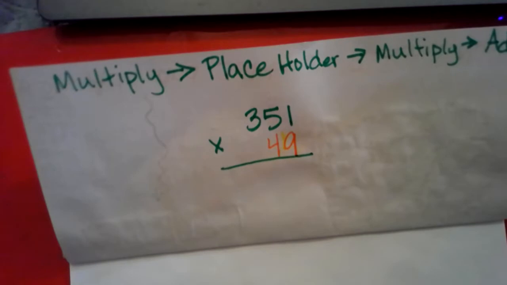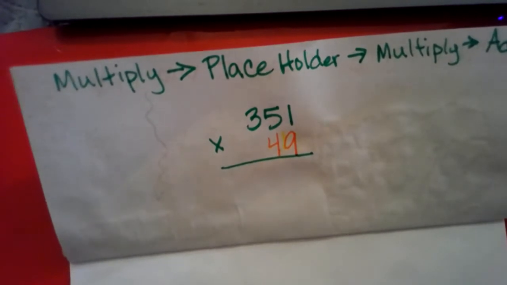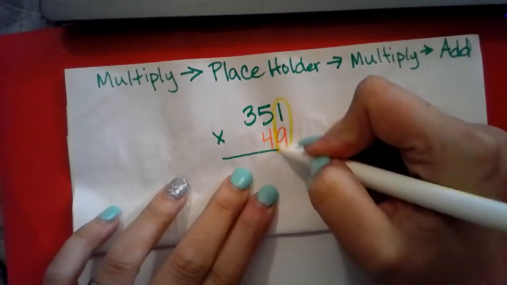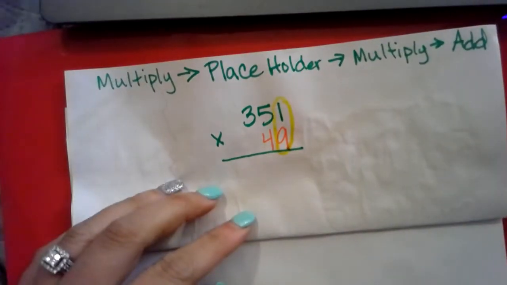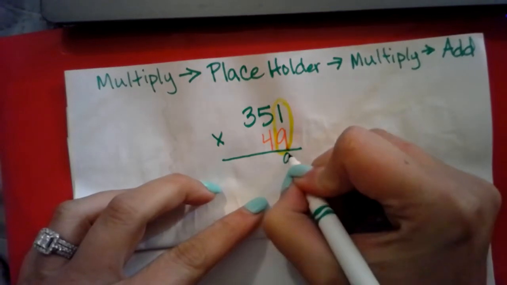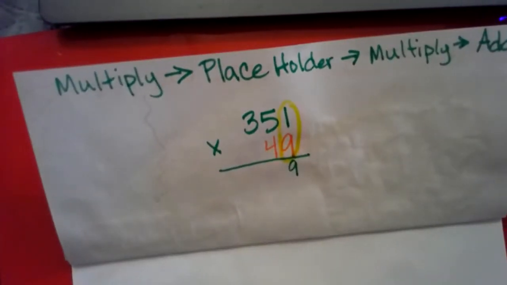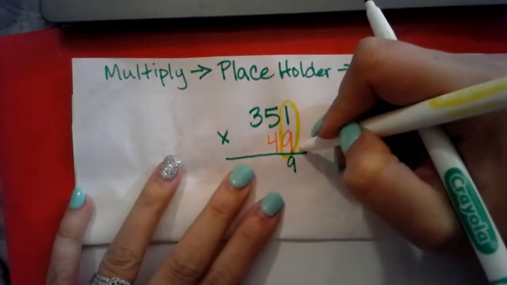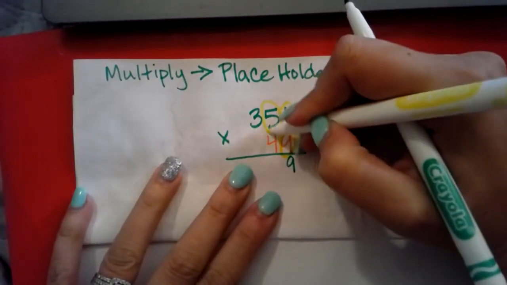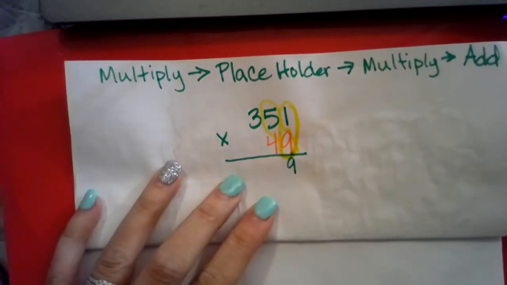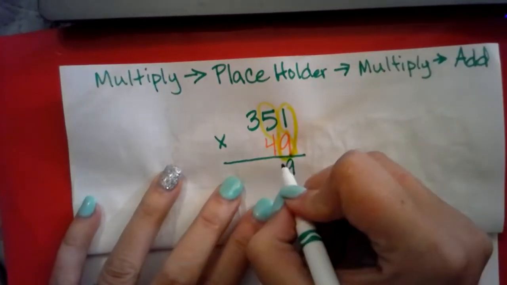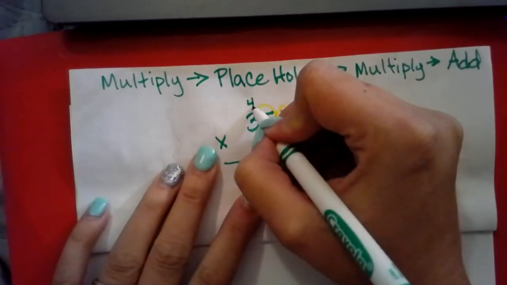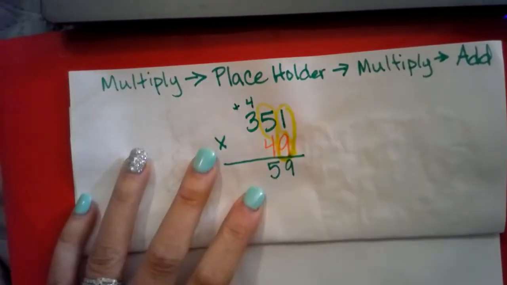Okay, so we can see this yellow. So the 9 times the 1 right there. And 9 times 1 is 9. All right. The next step is the 9 times this 5. So 9 times 5 is 45. I'm going to put the 5, carry that 4 up here. So it's going to be the plus 4.